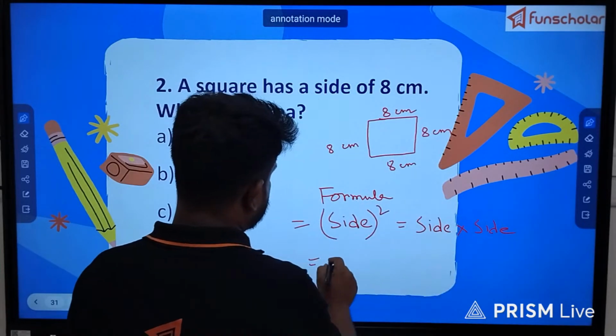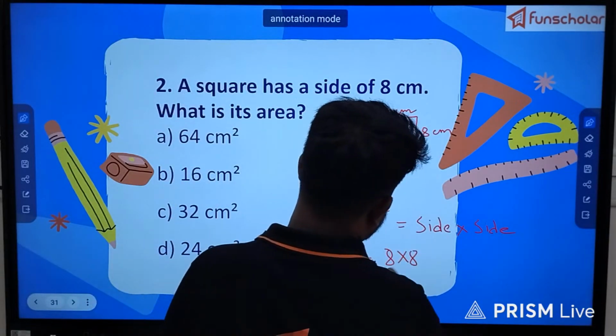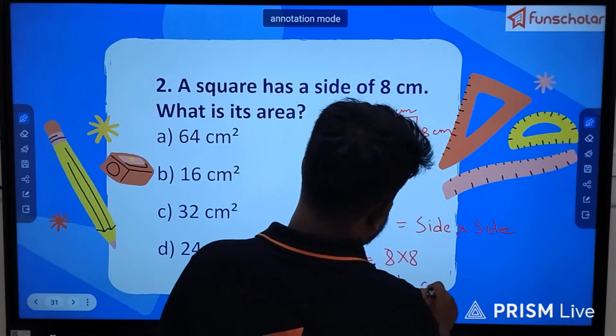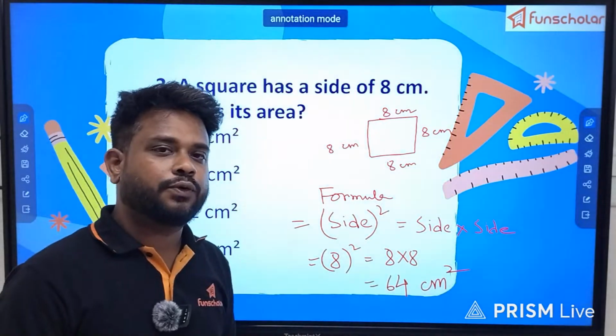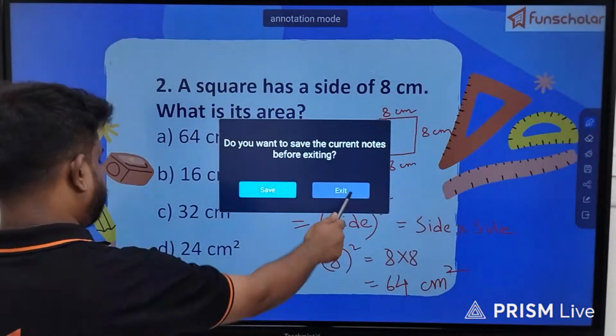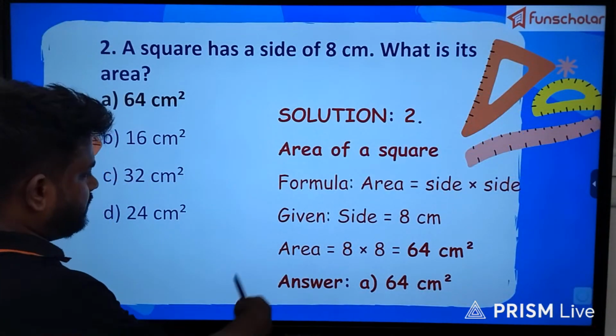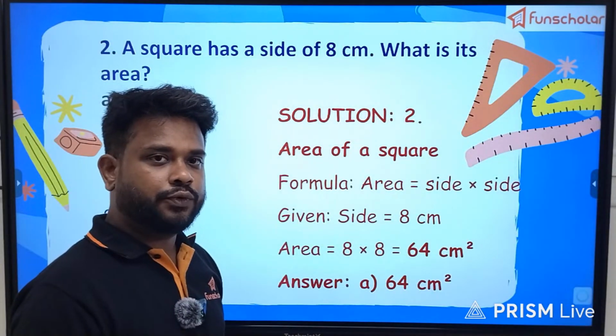So it has a side of 8, so it will be 8 into 8, and the answer will be 64 centimeter square. Okay. The next one, yes, so the area of the square will be 64 centimeter square.